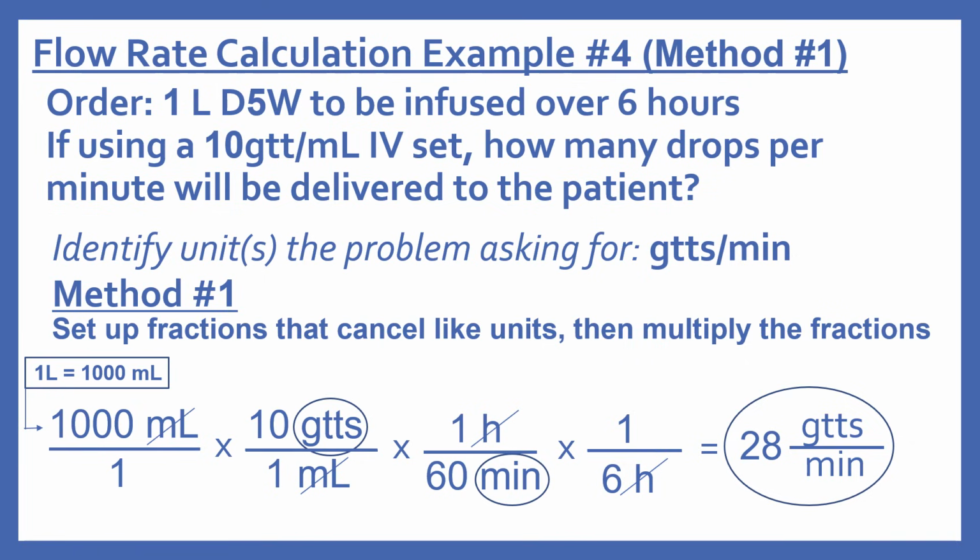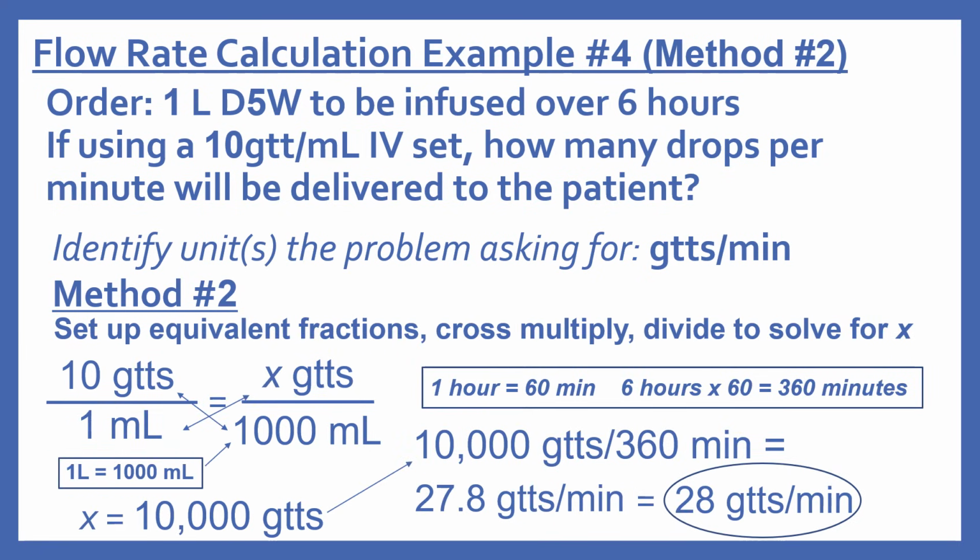So we'll do the math. 1,000 times 10 times 1 times 1 would be 10,000. And then we'll divide that by 1 times 60 times 6, which would be 360. And that gives us 27.8 drops per minute. And we'll round that to the nearest number, which would be 28 drops per minute.